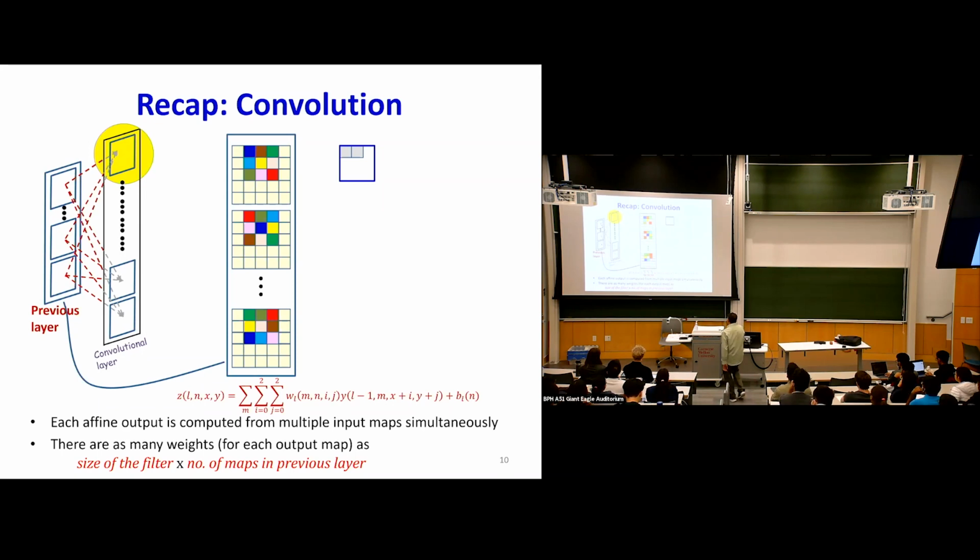Please note this notation: W, L, M, N, I, J. It has many indices. The L represents the layer for which you have the filter. The M is the index of the input map or input channel. The N is the index of the output map or output channel. And this I and J are positions within the filter itself.